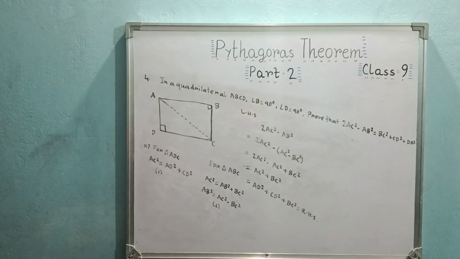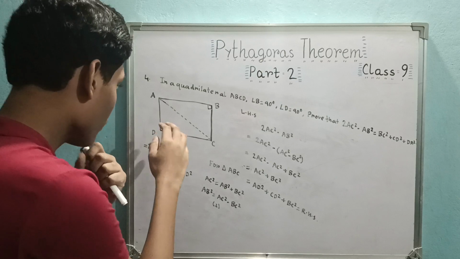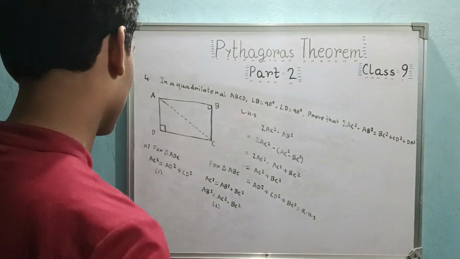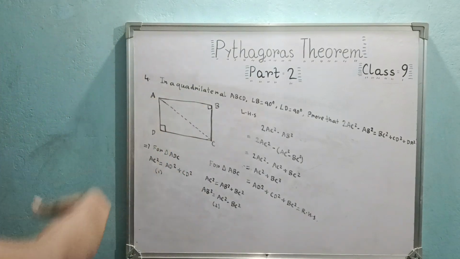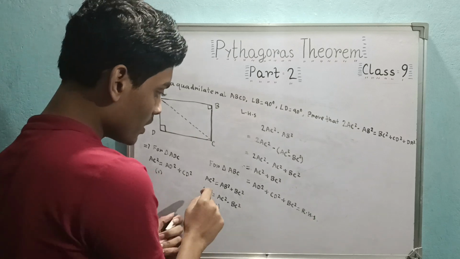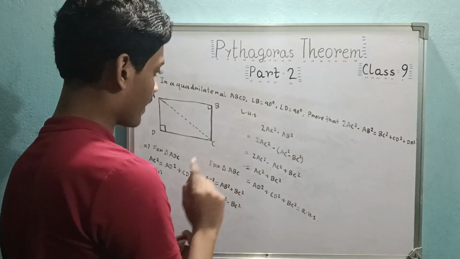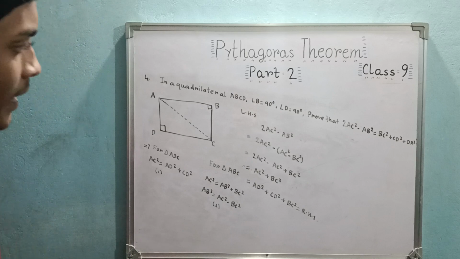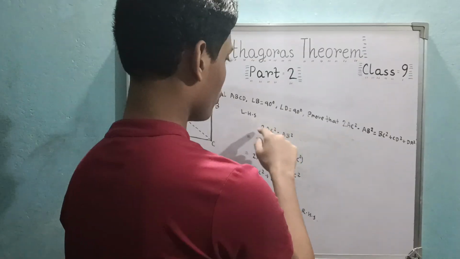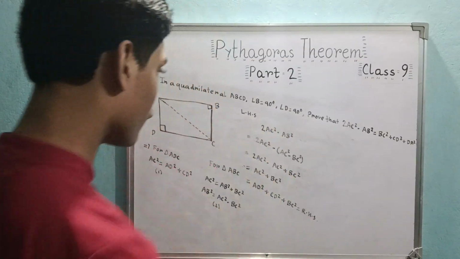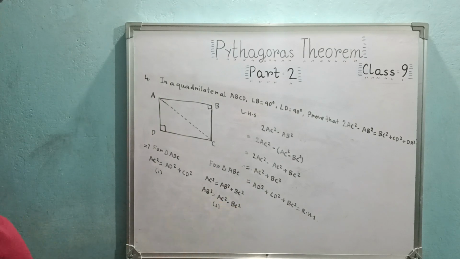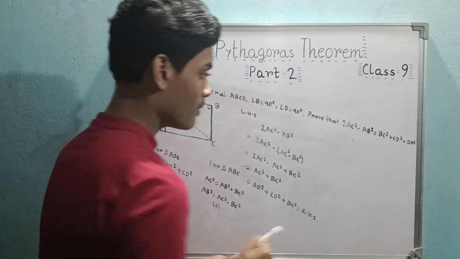So in all the cases, what you have to do first is get two equations, mostly from the Pythagoras theorem, just like I've done here for the two right angle triangles. For my convenience, I took AB square on one side for triangle ABC. Then for LHS, 2AC square minus AB square will be equal to 2AC square minus AB square's value from 2.